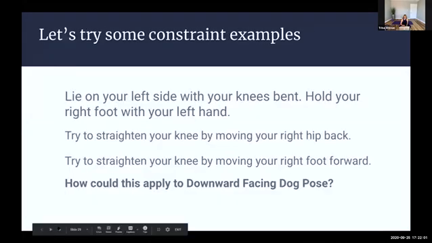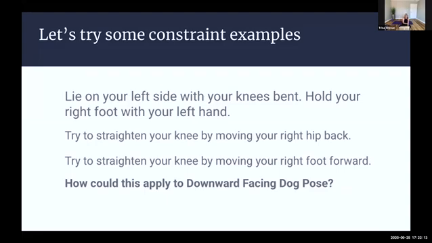And here we go. Okay, so one more constraint example. I did a social media post about this as well. And this is a nice one to do if you are teaching downward facing dog in your yoga class, which most yoga classes have downward facing dog in them.